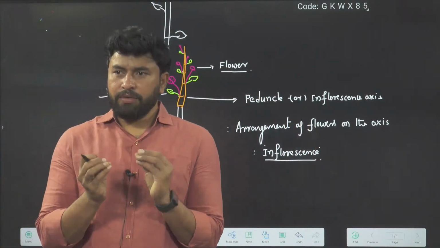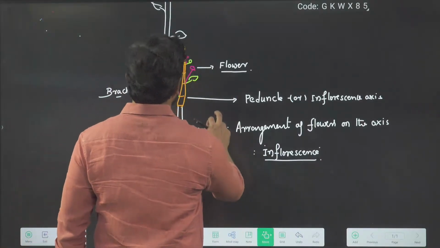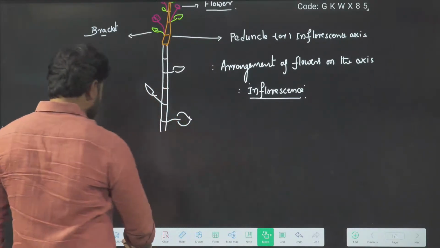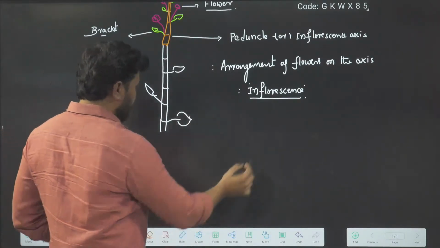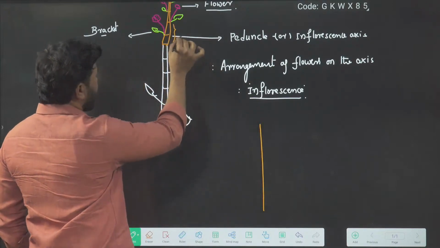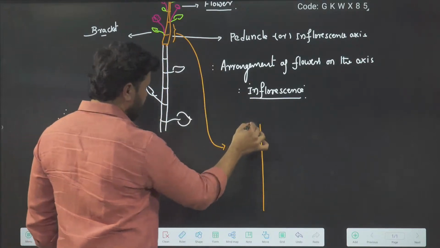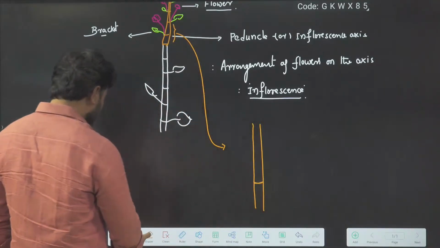Now here I would like to introduce two more terms. Consider, I have taken an inflorescence axis like this. This is an inflorescence axis, the same part I am elaborating, and this is a node.